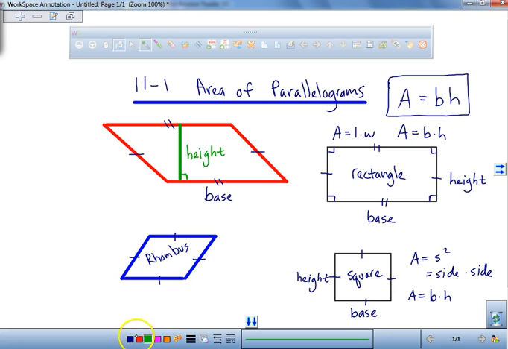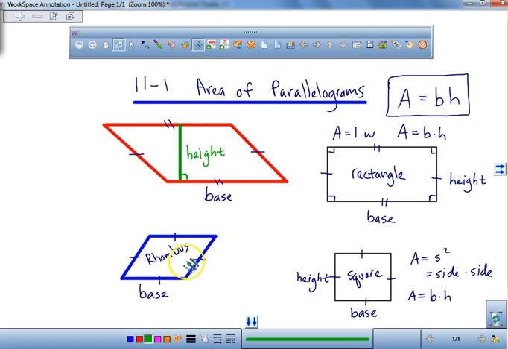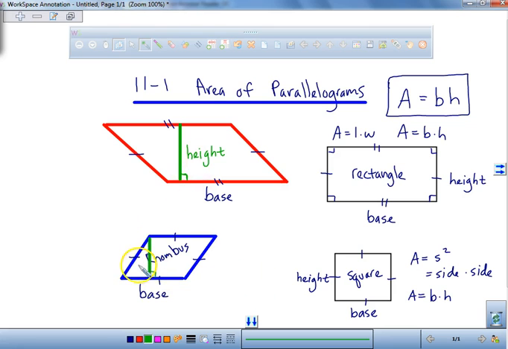In a rhombus, you might call this side the base, but this side is not the height. The height, once again, has to be what? You have to draw it in somewhere. Draw it in where? Where it has to form what type of angle with the base? A right angle. That's what you need to know. All right? So this is the height of the rhombus.